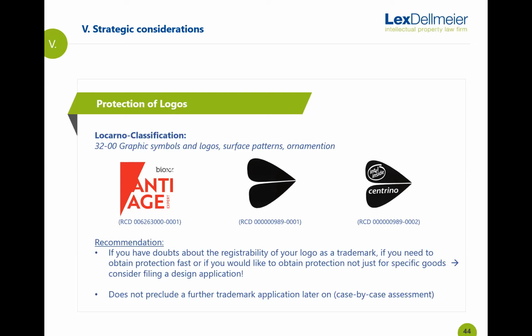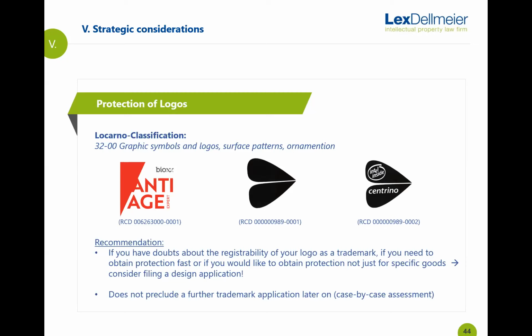Or if you do not want to obtain protection for specific goods, for example the graphic symbol for the butterfly, that would mean that Intel also has protection not just for computers, but also for t-shirts and merchandising issues. So class 32 graphic symbols in essence covers all classes.